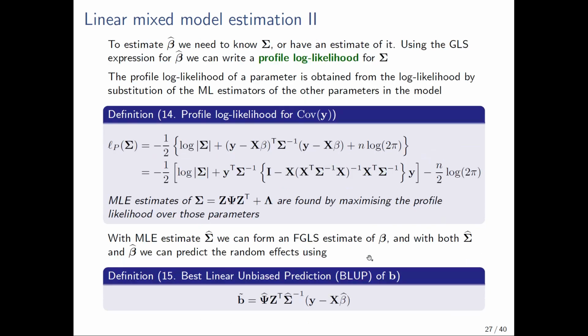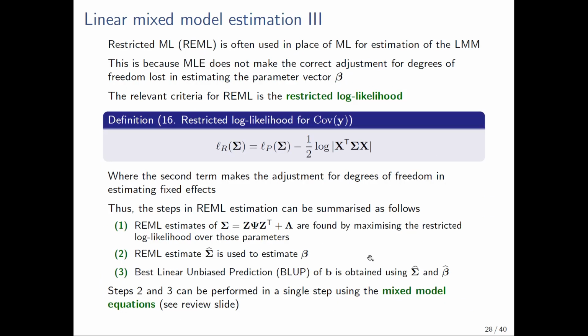There's just one refinement that I want to add to this. Restricted maximum likelihood, or REML, is often used in place of ML for estimation of the linear mixed model. And the reason is that maximum likelihood estimation itself does not make the correct adjustment for the degrees of freedom lost in estimating the fixed effects beta.